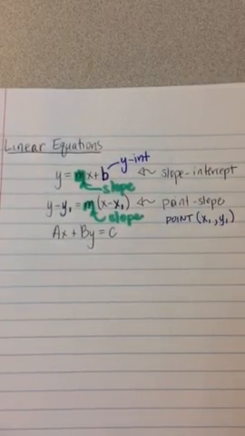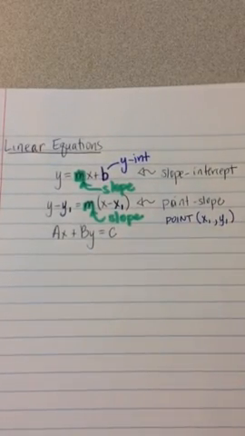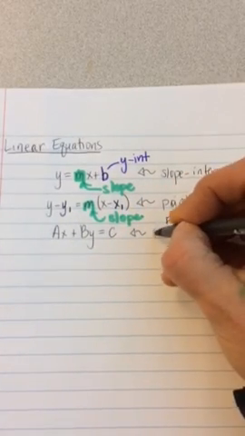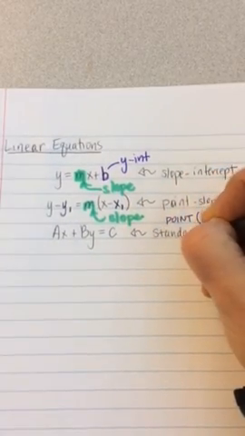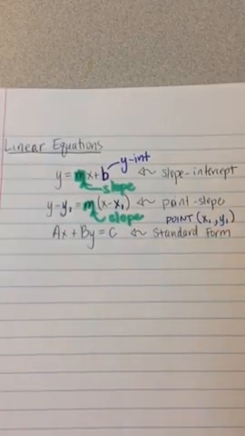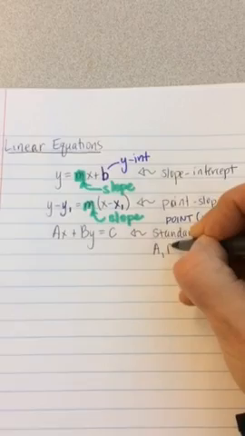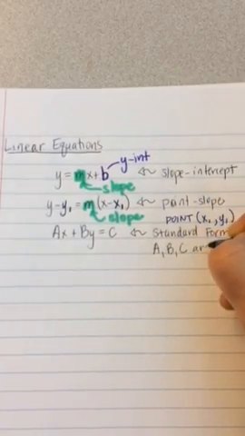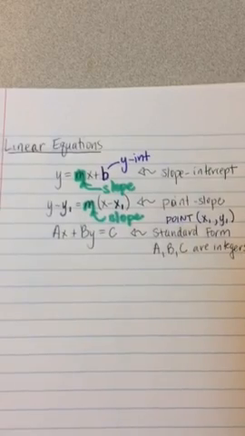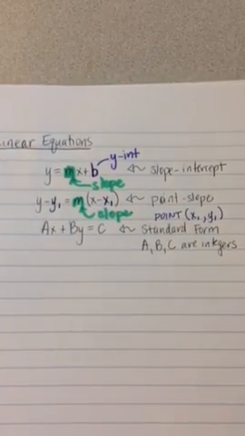We'll do a couple examples there in a minute. This last form is standard form. And traditionally, the a, b, and c are integers there.